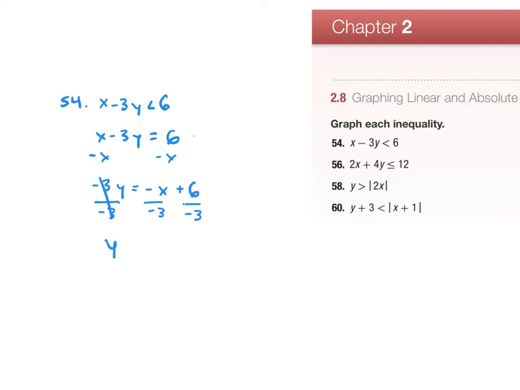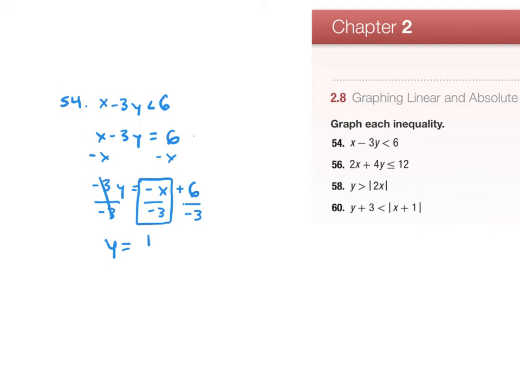So y is equal to, what is negative x divided by negative 3? Negative 3x. Right here. How do we simplify this? What would our slope be here? 1 over 3.